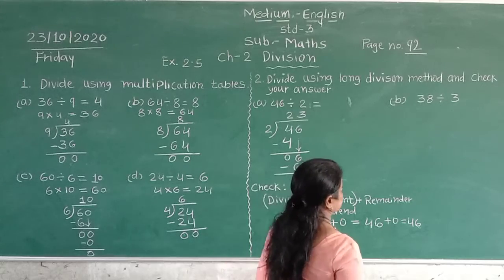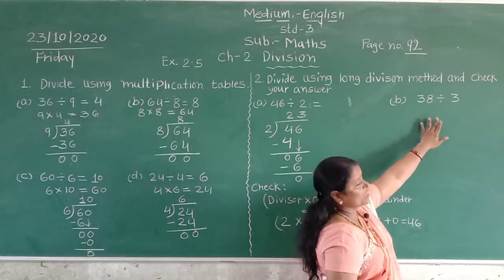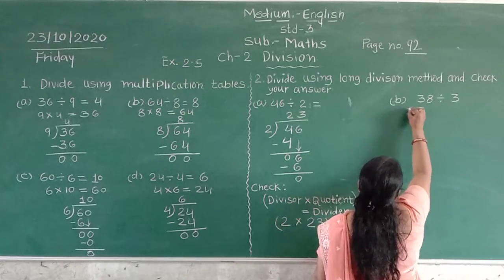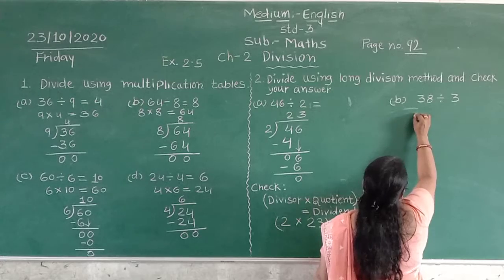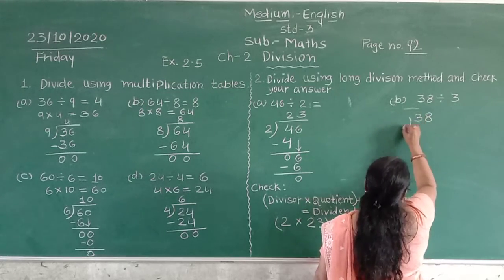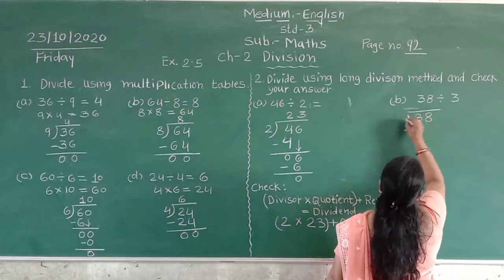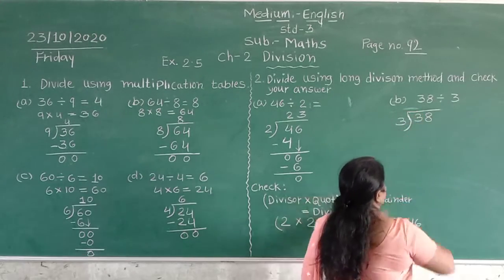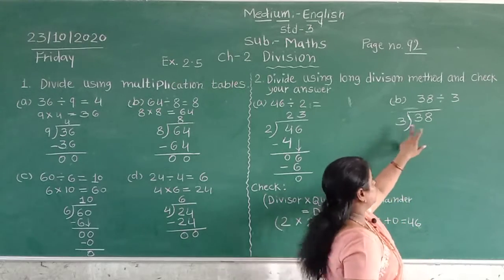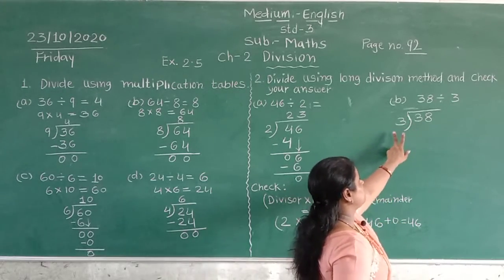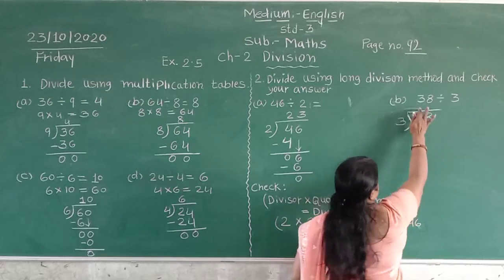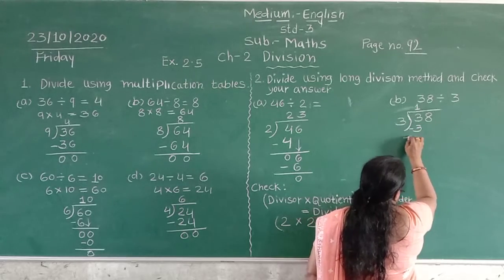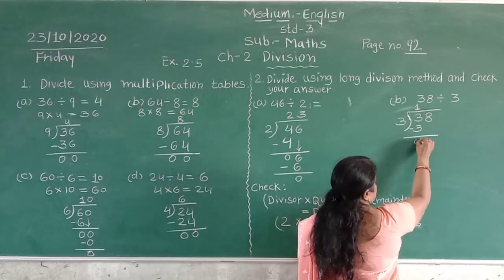Now second sum. 38 divided by 3. Here are 3 and here are also 3. So both numbers are the same, so we divide one time. 3 ones are 3. 3 minus 3, 0.